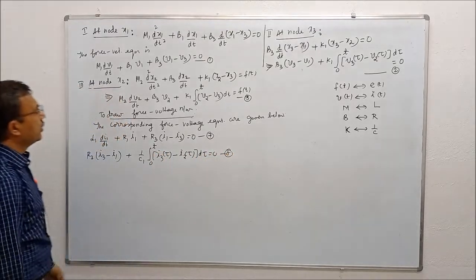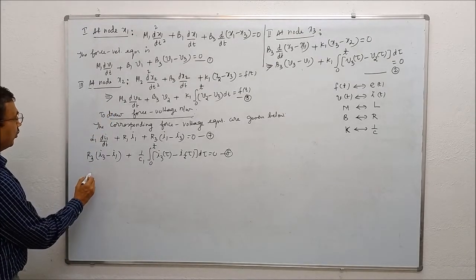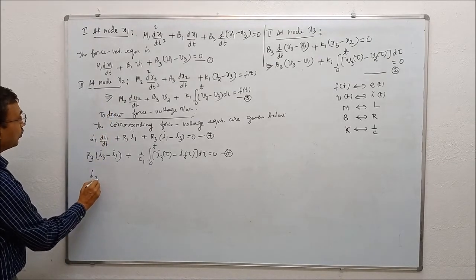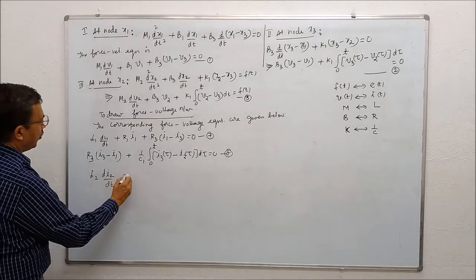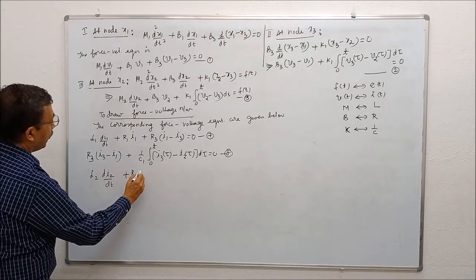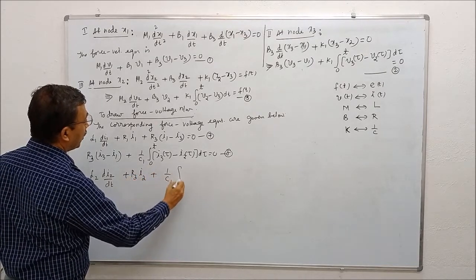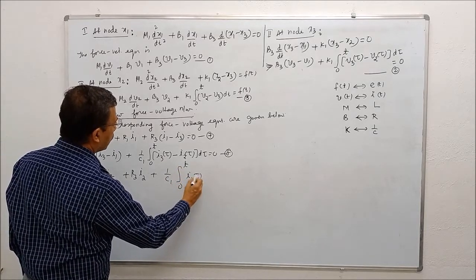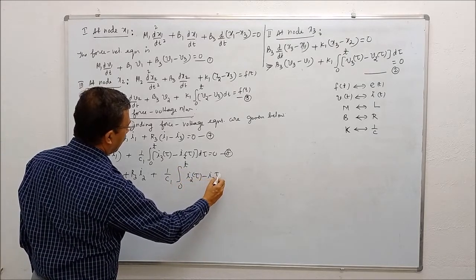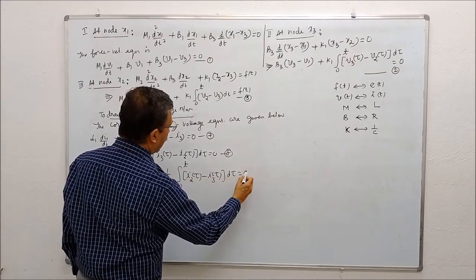Equation 8. Lastly this one. M2 is replaced by L2, V2 is replaced by I2, B3 is replaced by R3, V2 by I2 plus K1 is replaced by 1 by C1 integral 0 to t of I2 of tau minus I3 of tau d tau is equal to E of t.